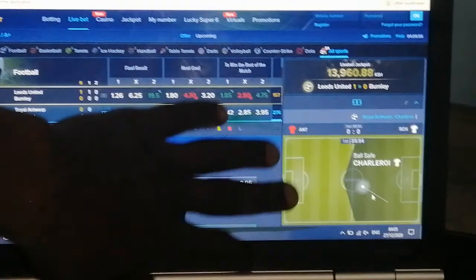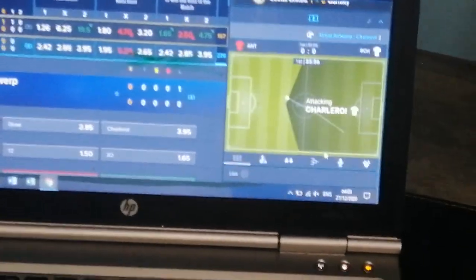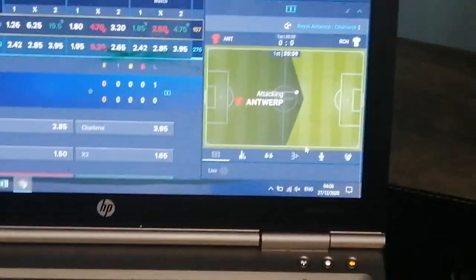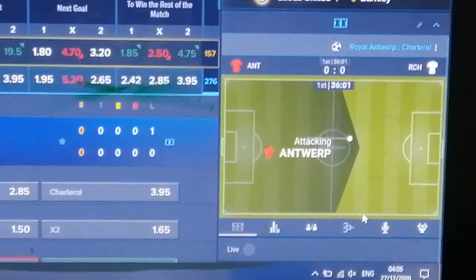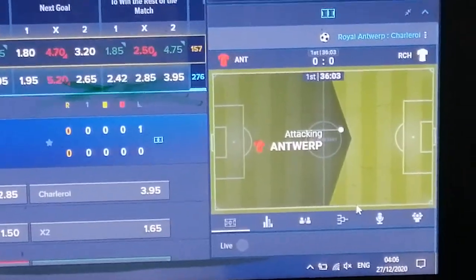Here is the game. It's still at 0-0. Remember, we have placed our bet, first half over 0.5 at an odd of 3.